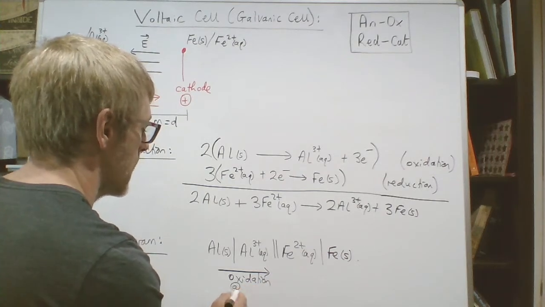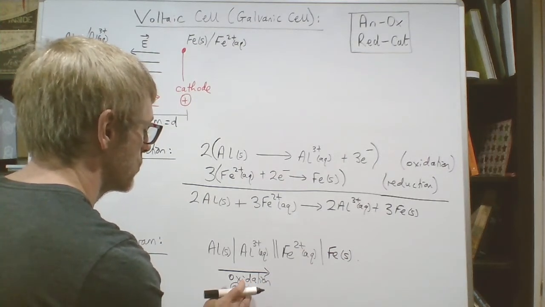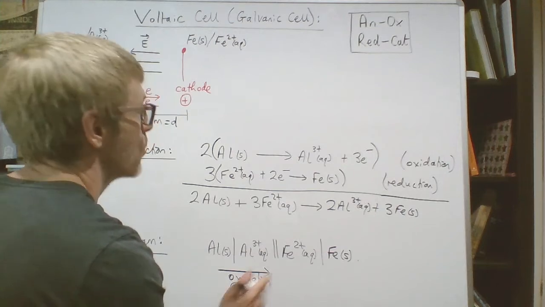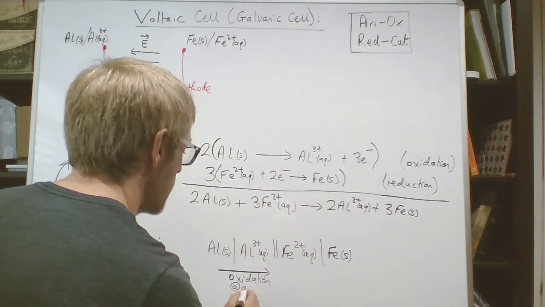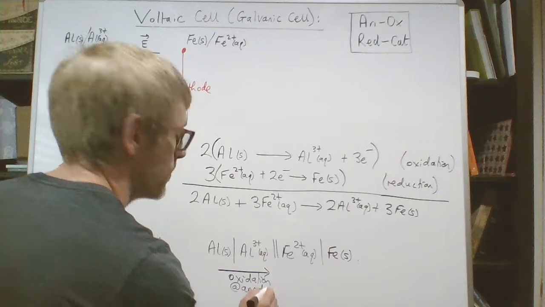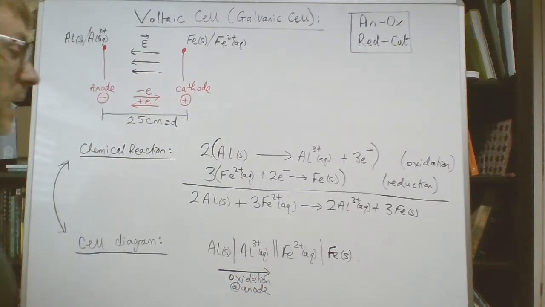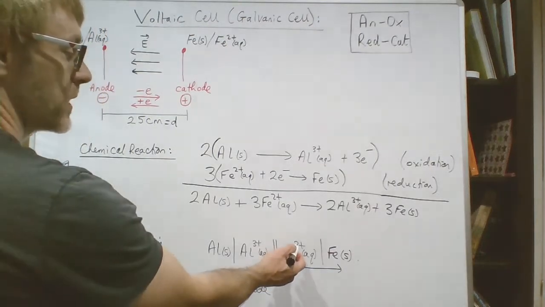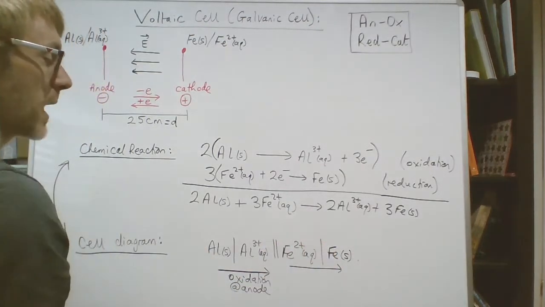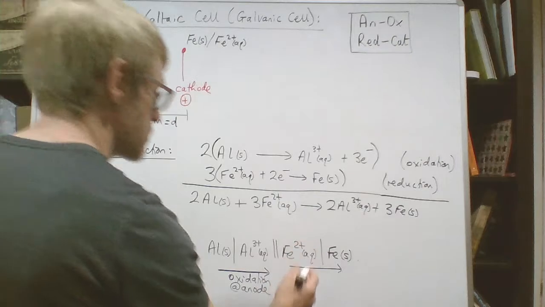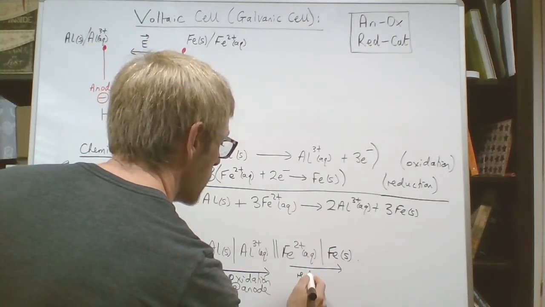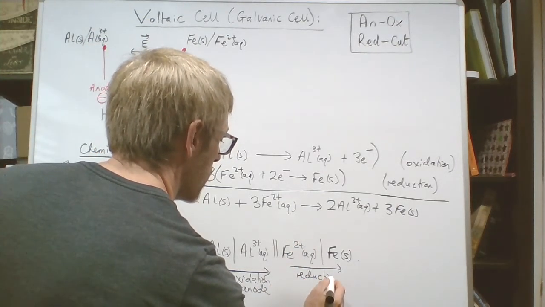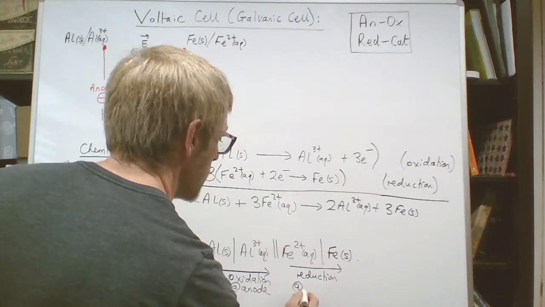At the anode, an ox, at the anode. And then reading this again, left to right, we've got the cation going to give the neutral element. Well, that's just reduction. And we know reduction happens at the cathode.